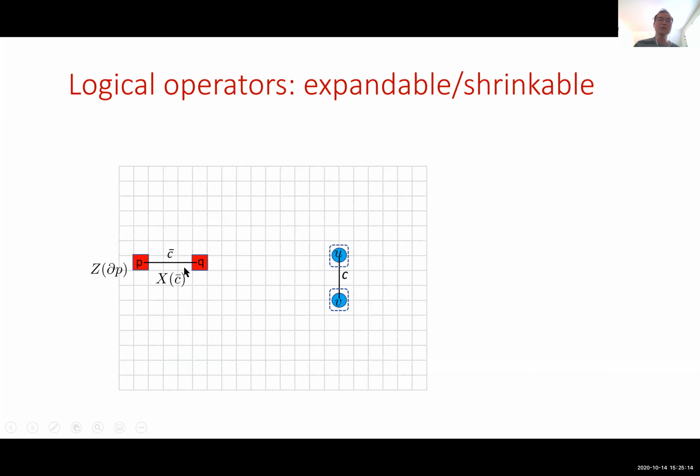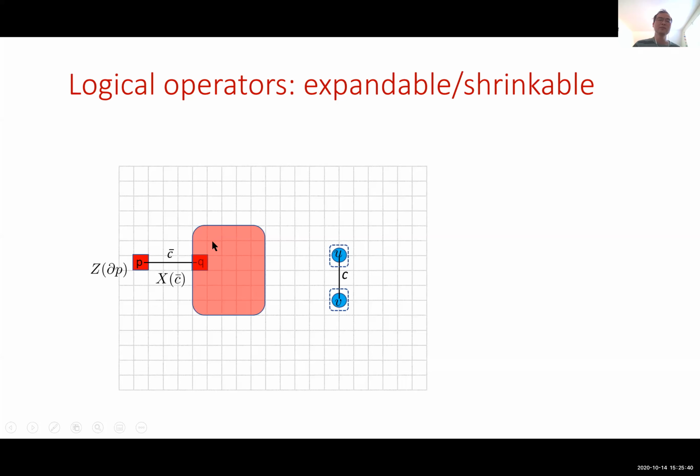But the next slide illustrates that actually you can make this region bigger, in the sense that the plaquette stabilizer inside here is not going to be enforced. Therefore, you can use X measurement to expand this region.